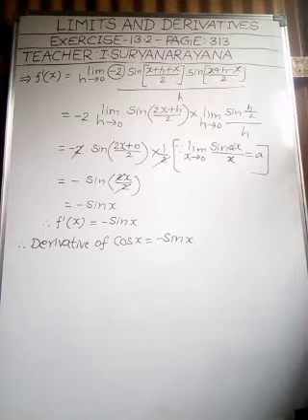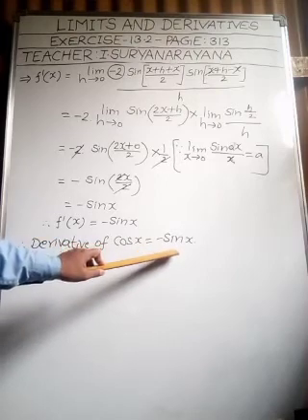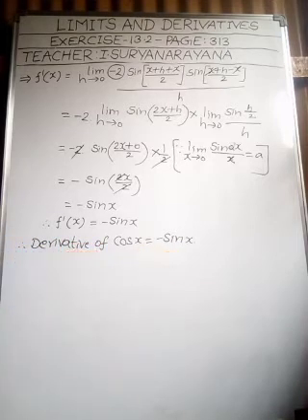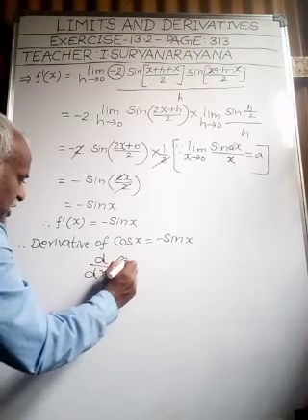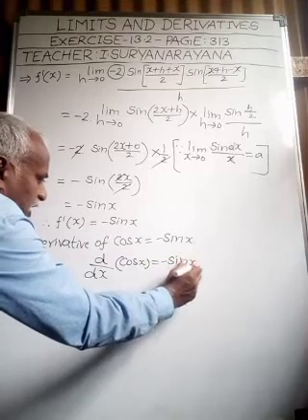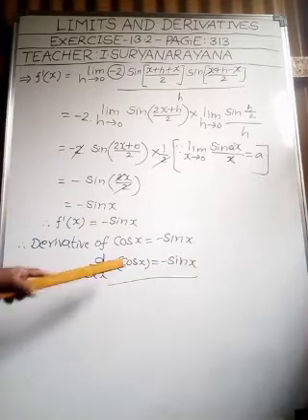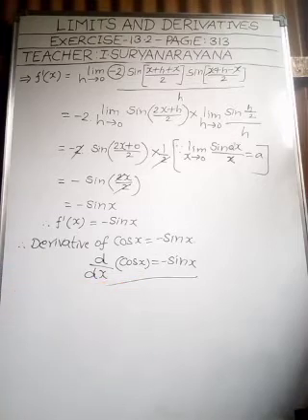In the list of standard derivatives, d by dx of cos x is equal to minus sin x. Isn't it, my children? d by dx of cos x is equal to minus sin x. This is also a standard derivative. Okay, my children, understood? Right.